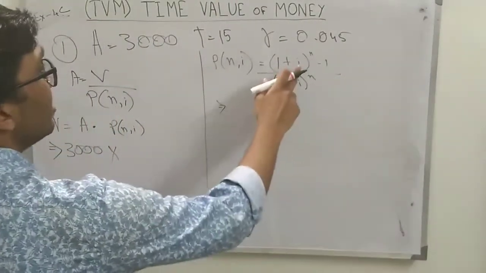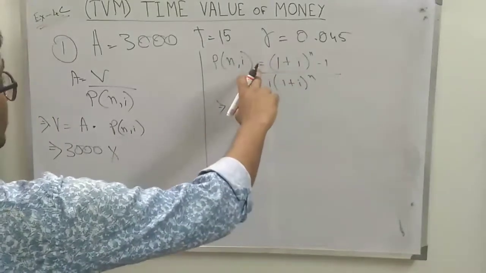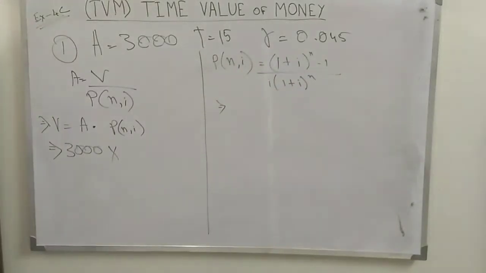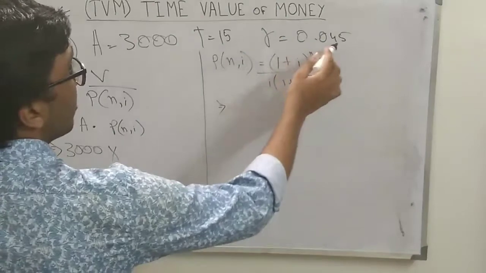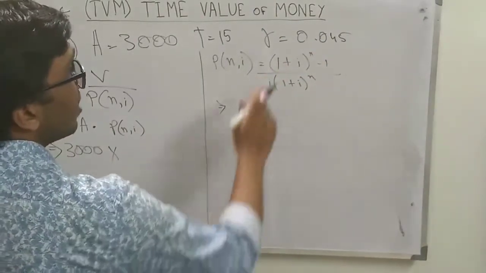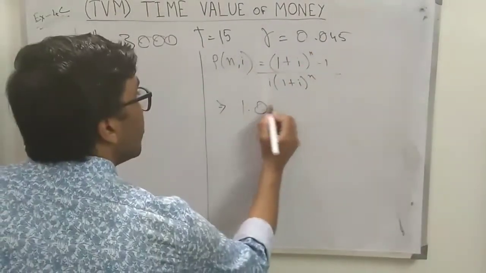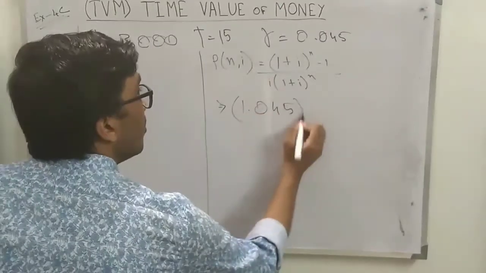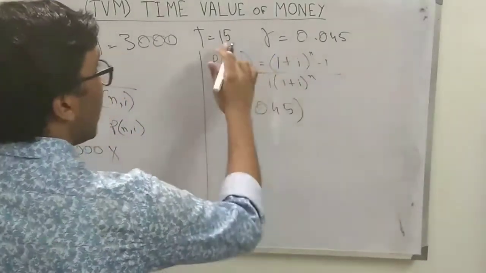1 plus I means R by n. N is not given. That means the rate of conversion in a year is not given. So we will consider it as only R. That means 0.045. So 1.045. 1.045 whole to the power n into t.